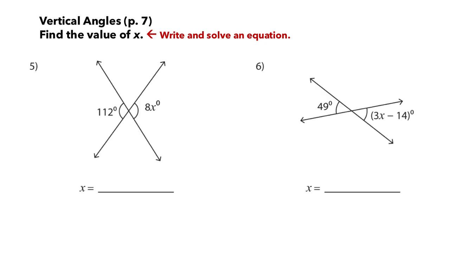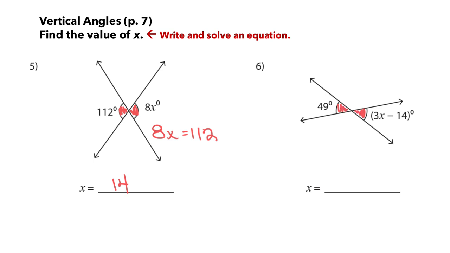Number 5. We have our 2 marked angles. Juju: 8x equals 112. Very good. X is 14. Number 6, the last one on this page.